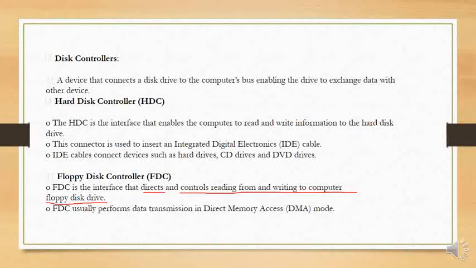In earlier days, the floppy disk was a 3 1/4 inch square of plastic-like material on which data can be stored. The floppy disk controller is an interface which directs and controls reading data from the floppy to the computer and writing data from the computer to the floppy disk. So for transferring data between the computer and the floppy disk drive, the FDC acts as an interface.